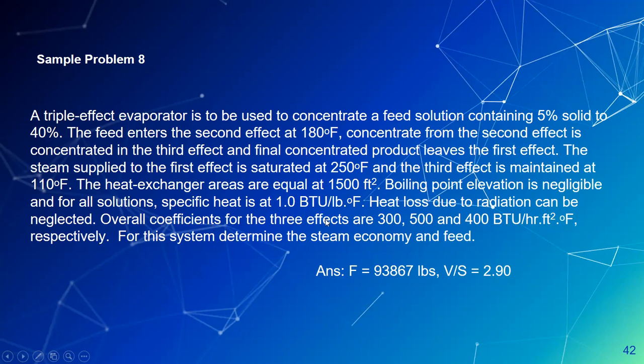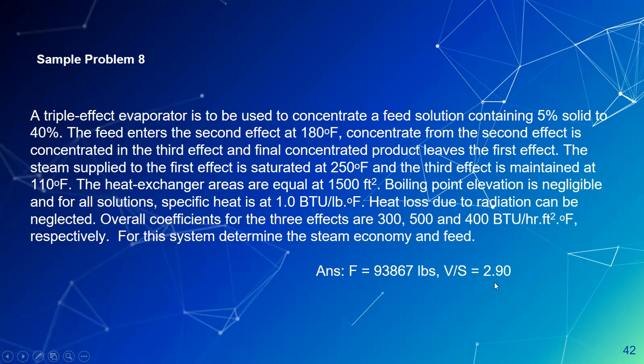Overall coefficients for the three effects are 300, 500, and 400, respectively. For this system, you are to determine the steam economy. This is what I mentioned a while ago, that oftentimes the evaporator economy or the steam economy is kilogram of water evaporated per kilogram of steam used.